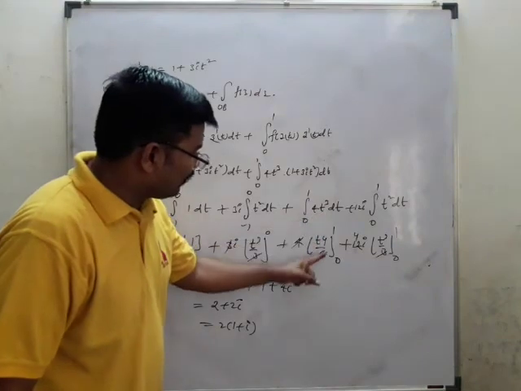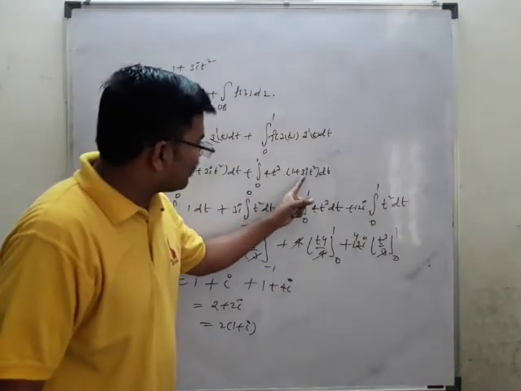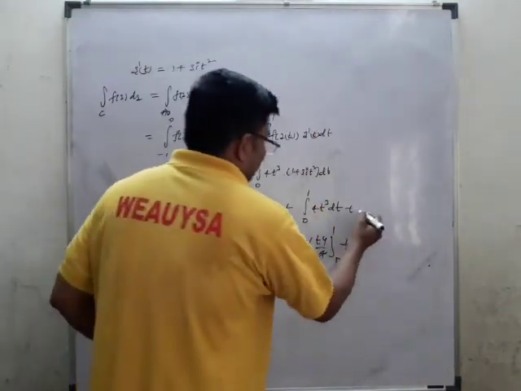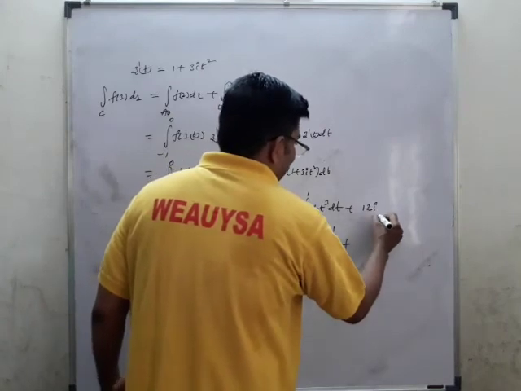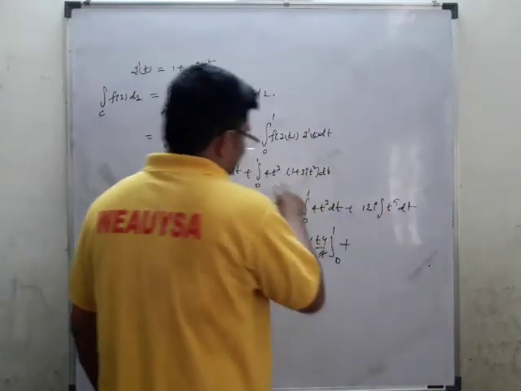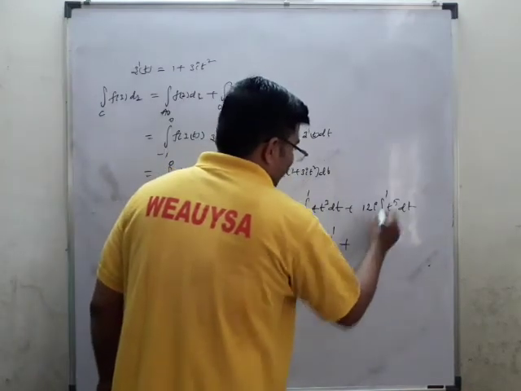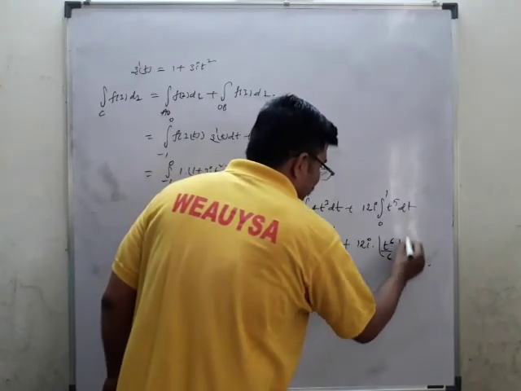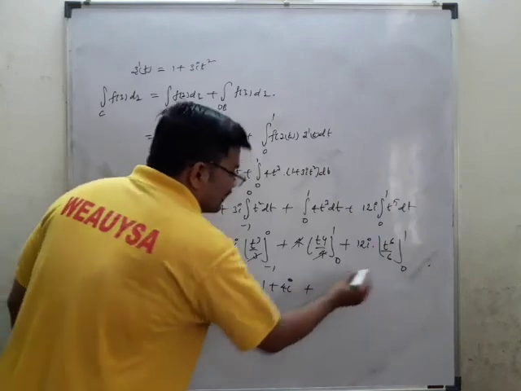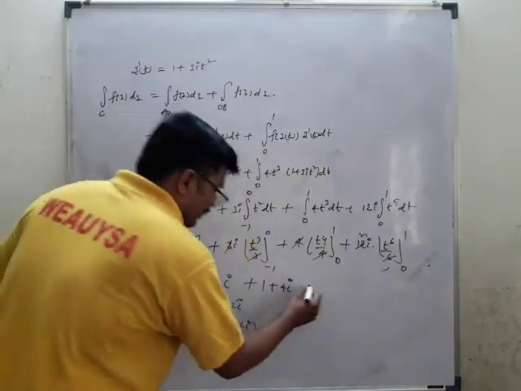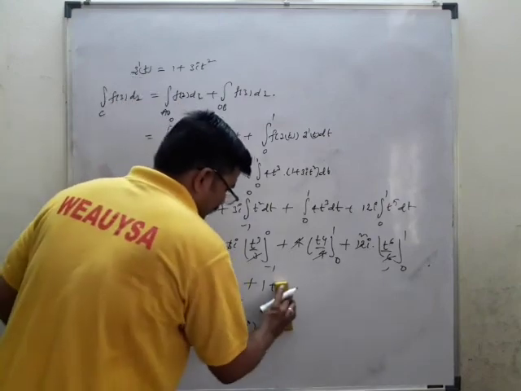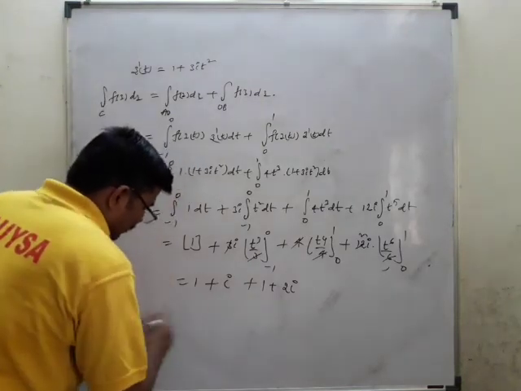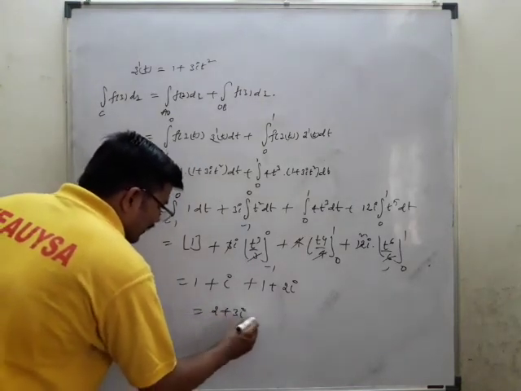This is 4t cubed, t to the power 4 by 4, and 4 times 3 is 12, so 12i, integral of t cubed and t squared, t to the power 5, from 0 to 1. This is 12i t to the power 6 by 6, you will get again from 0 to 1. So therefore 6 twos, we will be getting 2i here. So again you will be getting 2 plus 3i as the answer.